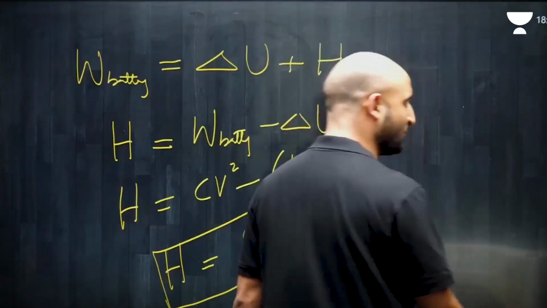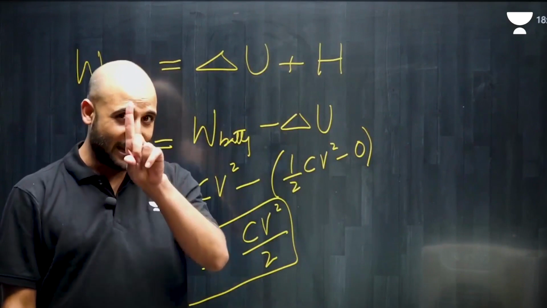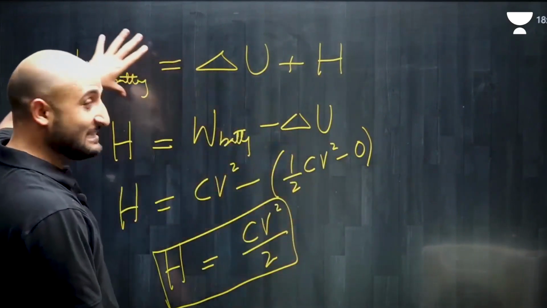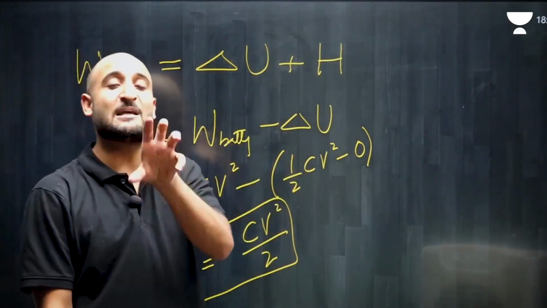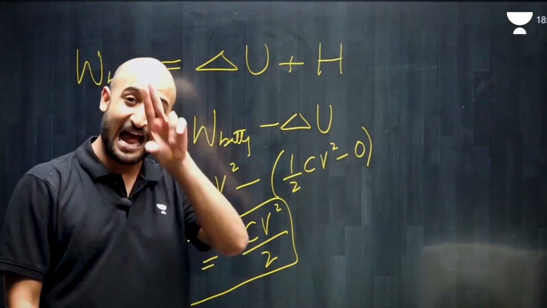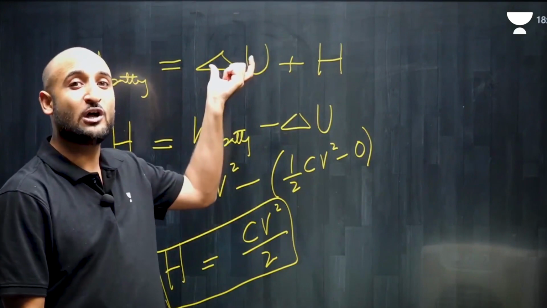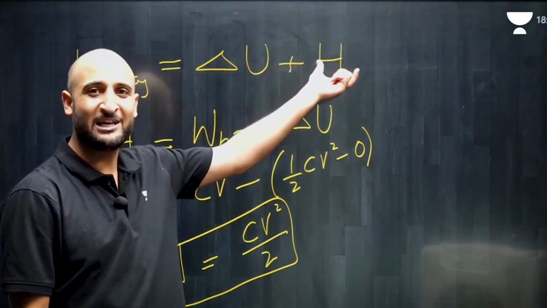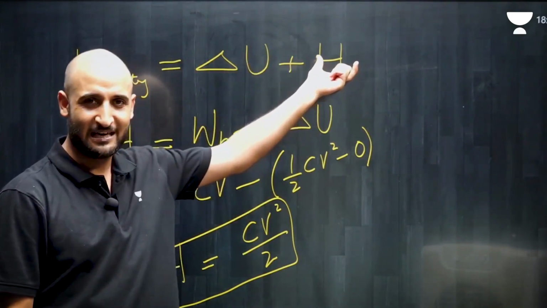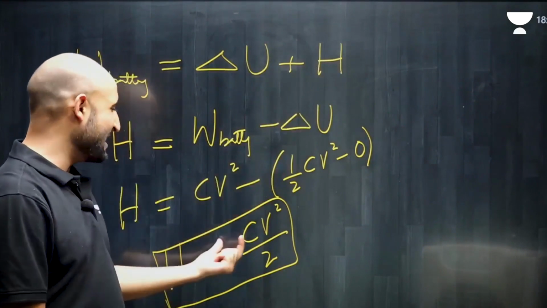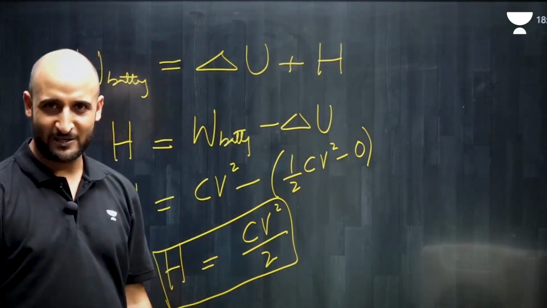Then we were supposed to find heat dissipated. I'm again telling you that the battery is the sole supplier of energy in the circuit, and that energy is utilized for two things. One, to change the energy stored in the capacitor, and a part of the energy is dissipated as heat, right? So heat dissipated here comes out to be CV squared by 2, right?